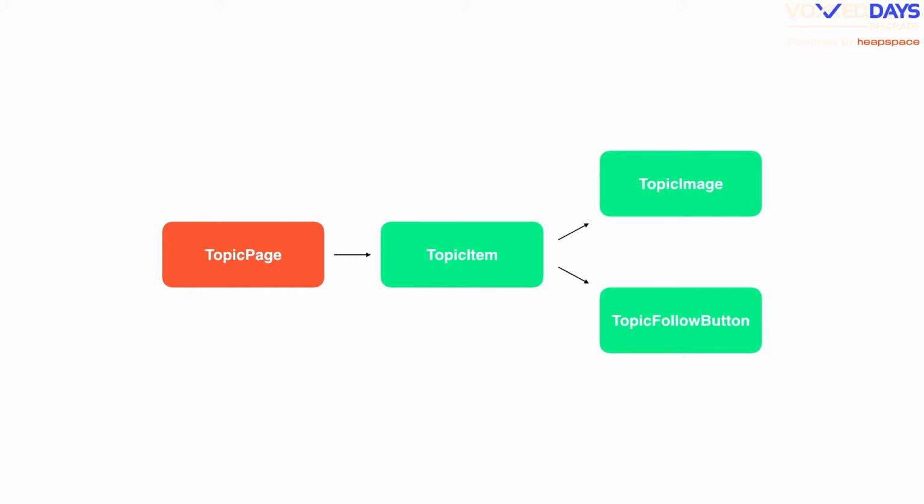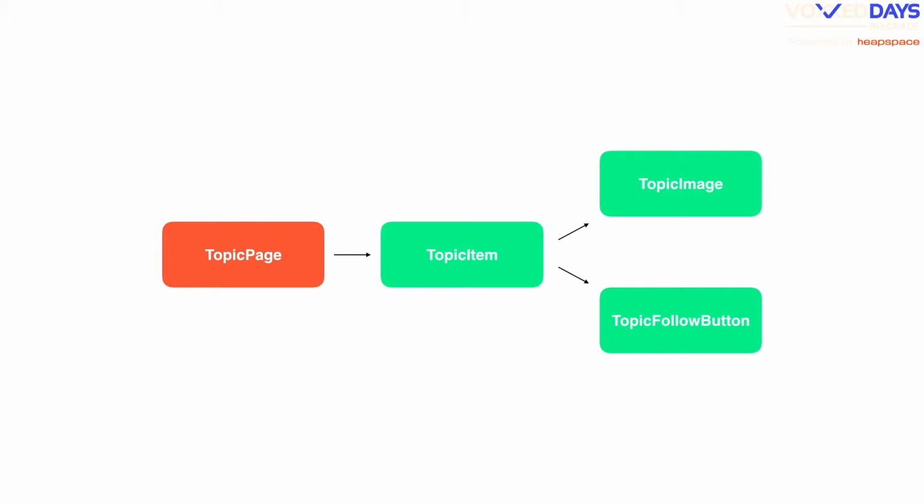So if I have to do a redesign, like we do very often, and my topic item doesn't need to have an image, I just remove the component and its fragment, and the whole query fetches the minimum amount of data needed.